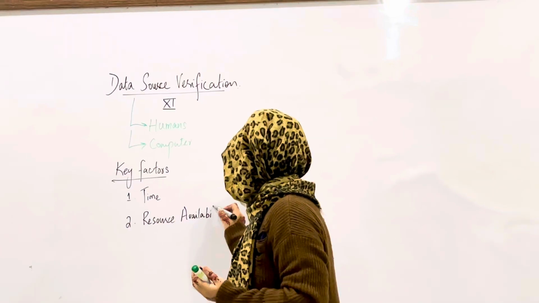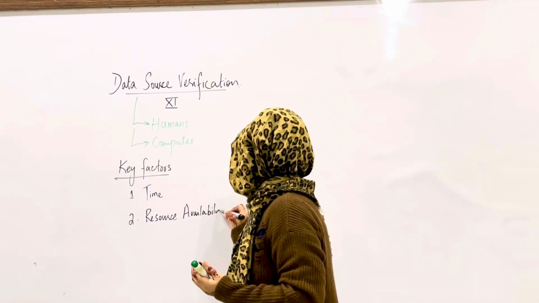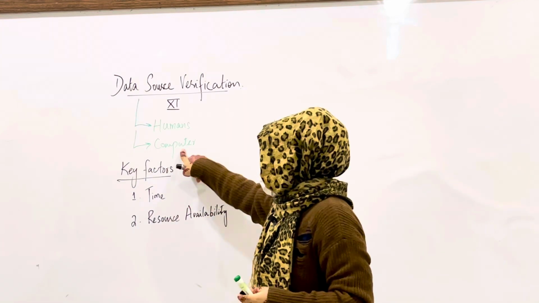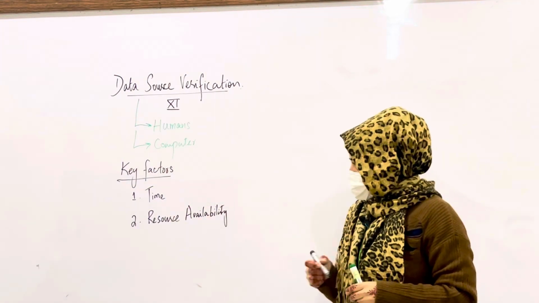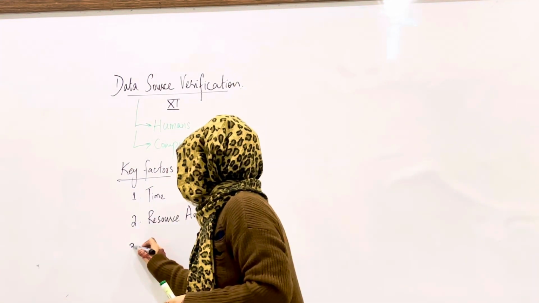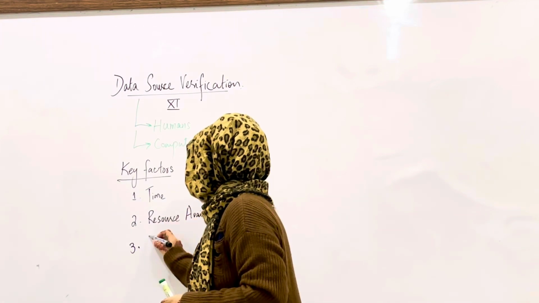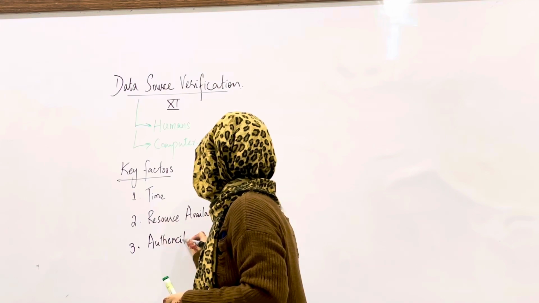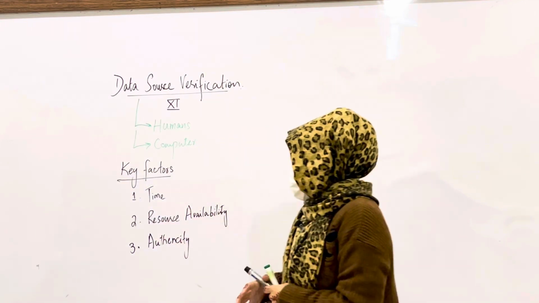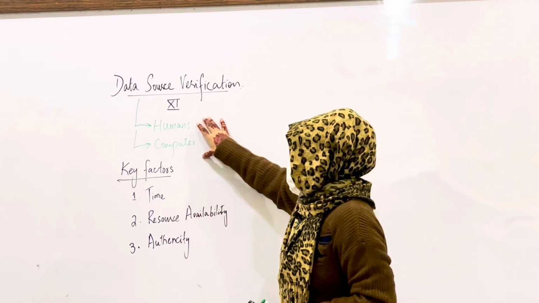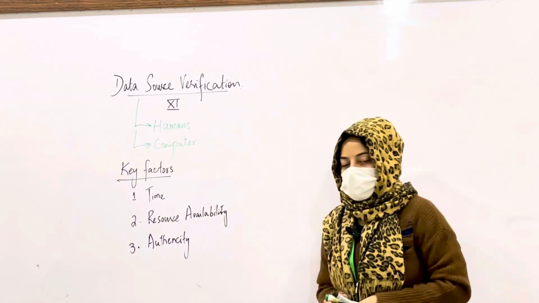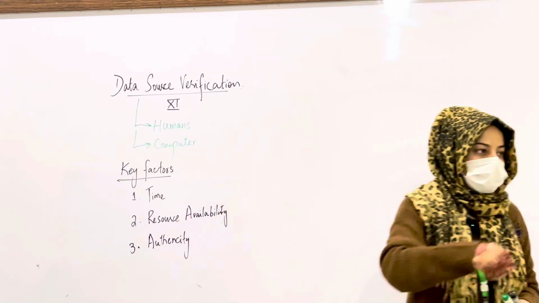That is also a factor on which our selection depends, right? And the third key factor is your authenticity. Depending on these key factors, we have to choose among humans or computers for verifying our data sources, right?